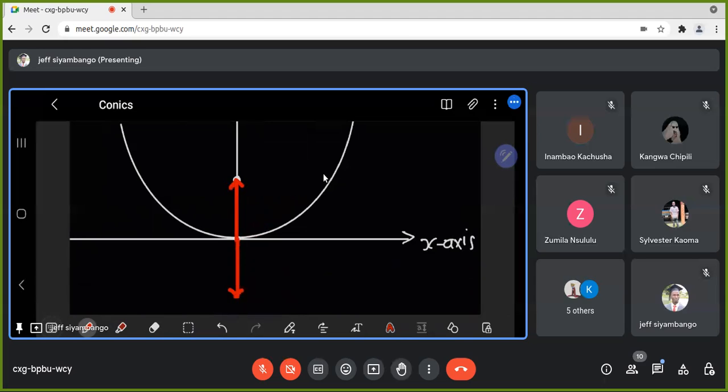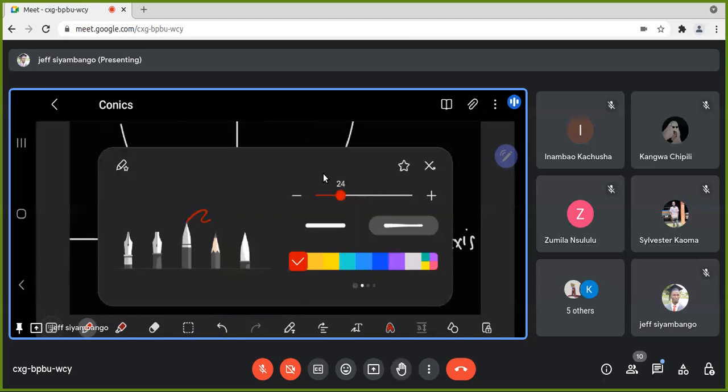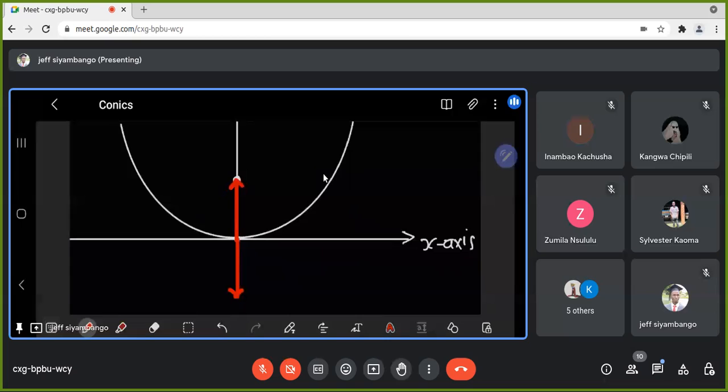So that is going to be p. So in other words, the directrix will be located negative p below that parabola. So this is where the directrix is going to be. So if this is coming up to p, then you know this comes up to minus p.